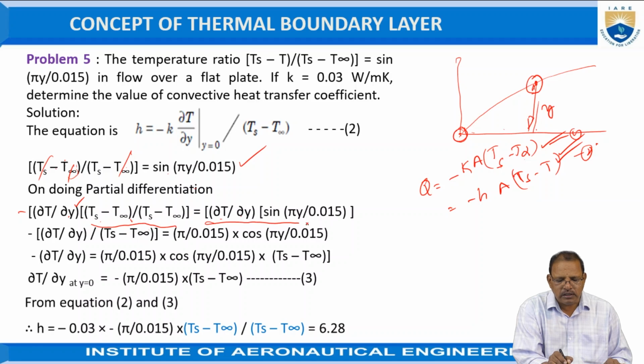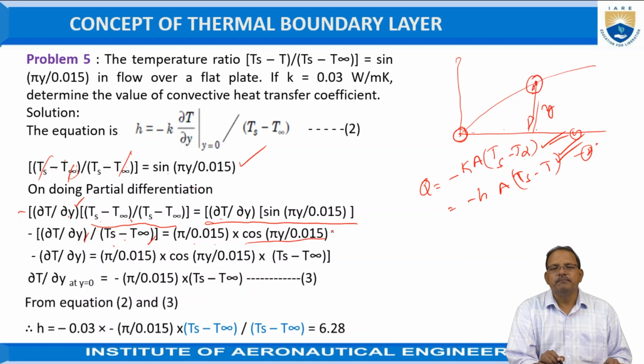Since Ts and T alpha are constants, the remaining value is minus dT by dy divided by (Ts minus T alpha), which is equal to the differentiation of sine of pi y divided by 0.015, which is cos of pi y divided by 0.015 into the differential constant, pi divided by 0.015.